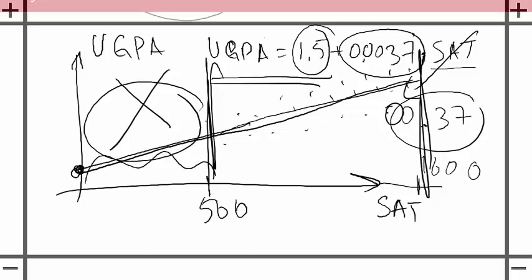So no data, no conclusion, basically. Oftentimes this is the case. The reason why we cannot really interpret the vertical intercept nicely is simply that this is outside of our data interval, 500 to 1600 in this case. 0 lies outside. We don't know how this equation behaves in this area. We don't have data for that.